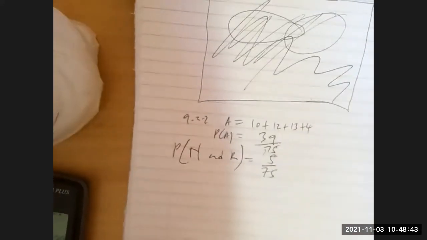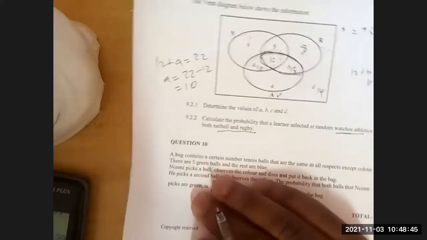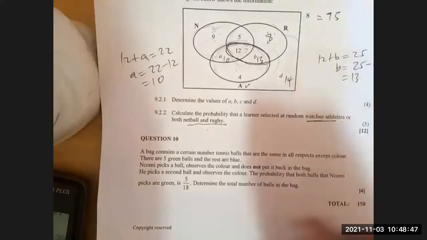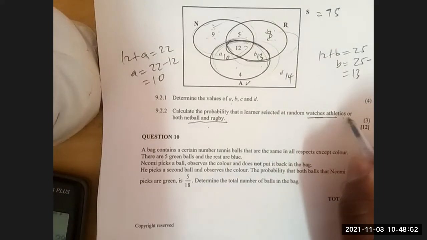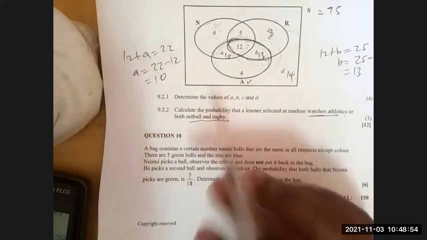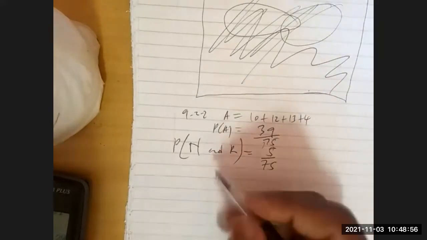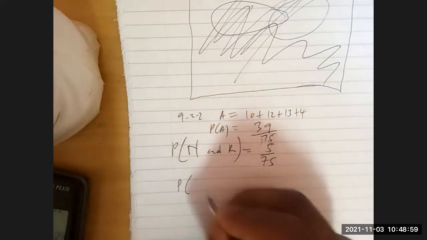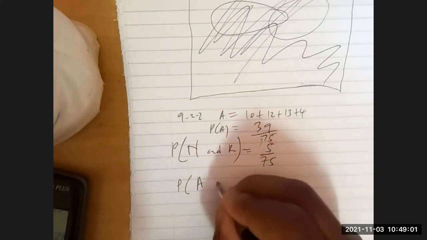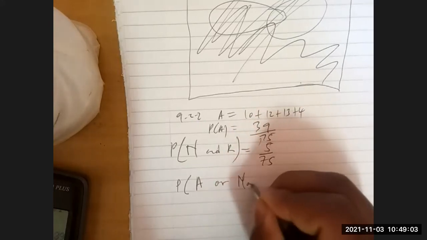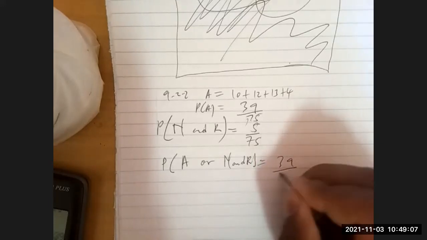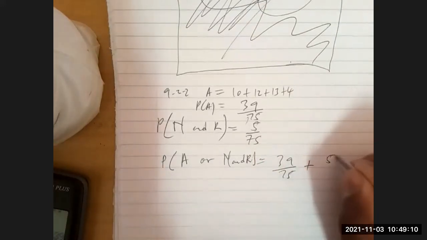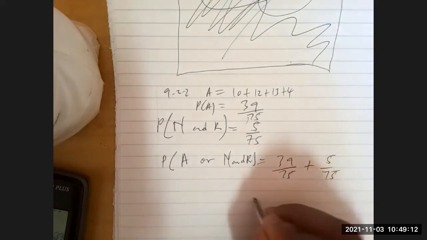Now, what does the question say to you here? Calculate the probability that the learner selected at random watches athletics or both netball and rugby. So the probability of watching athletics or netball and rugby is 39 over 75 plus 5 over 75.